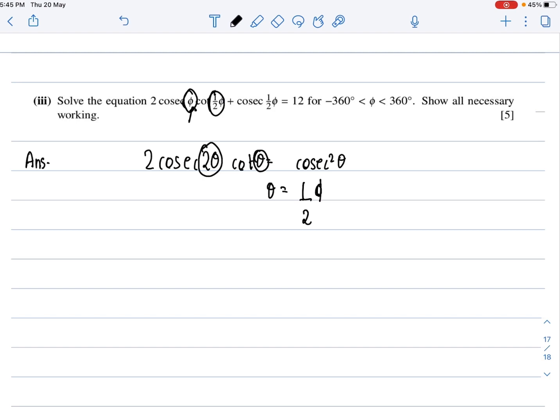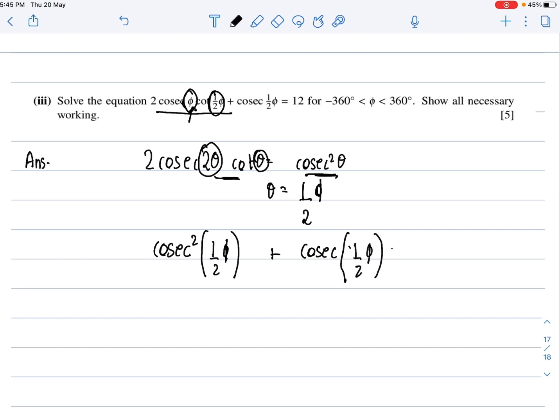So basically, I know I can write this full thing as cosec square half phi. Okay, this is what I can write. Correct? Because I know this is equal to this. So plus cosec half phi minus 12.